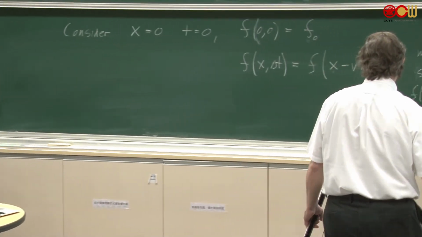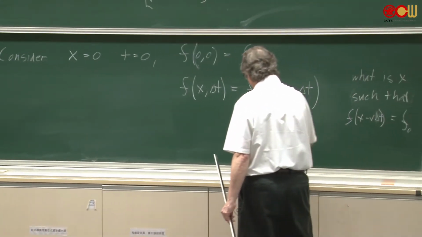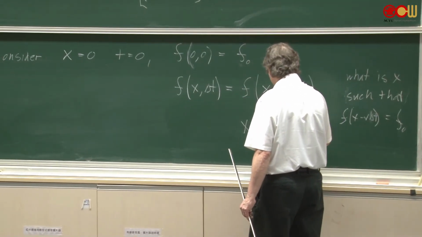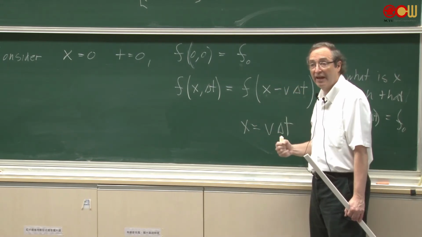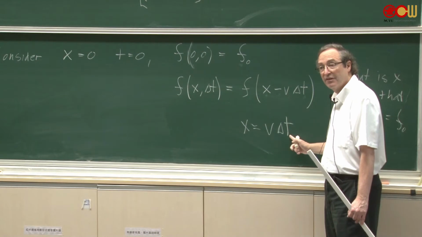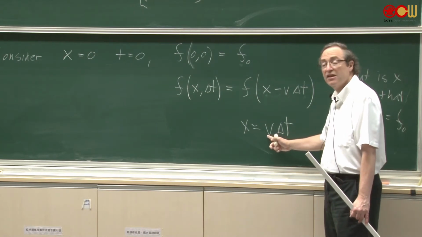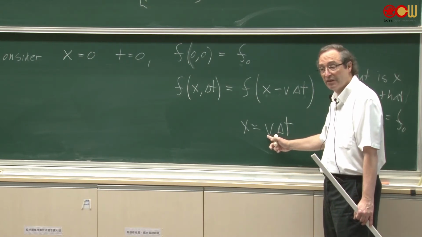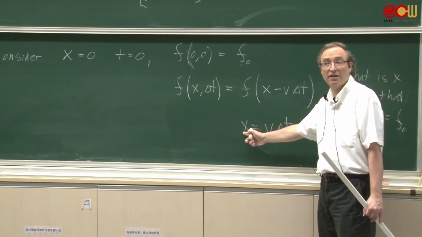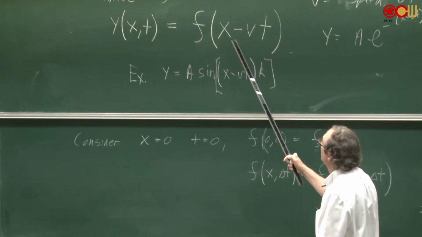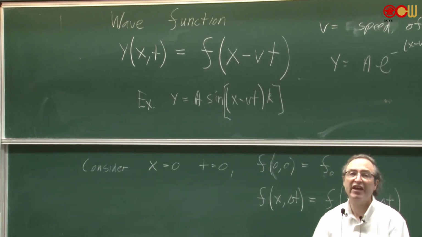So you're saying x equals v delta t. Is that what you're saying? So this will be 0. OK. Delta t is positive. V is speed, so it's positive. Is x positive or negative? Positive. So this form is for a wave moving to the right.